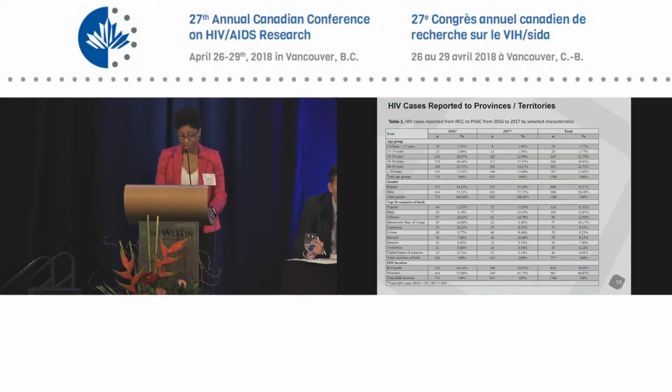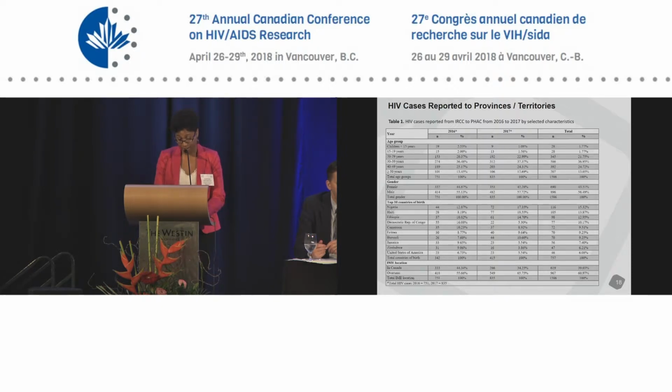So this is a table demonstrating the number of HIV cases that are reported to provinces among migrants. We can observe here that most of the cases are among young individuals.